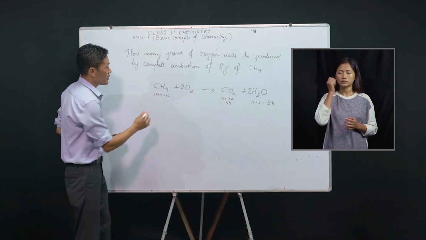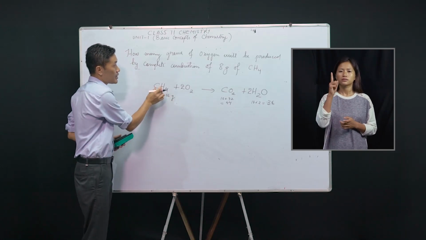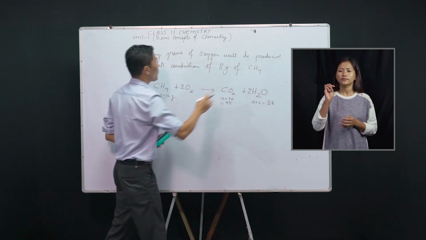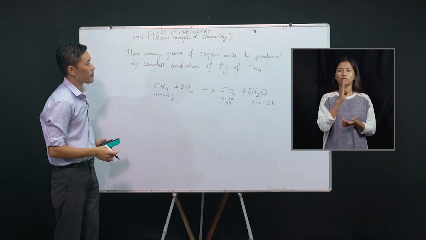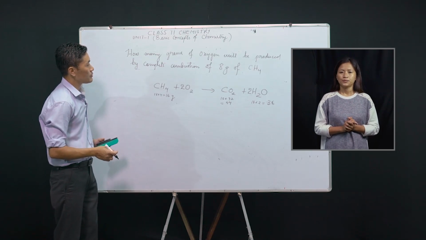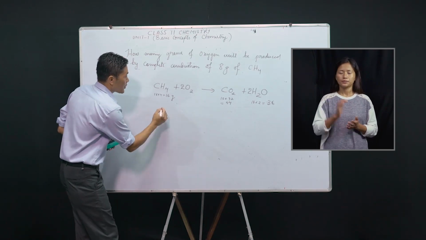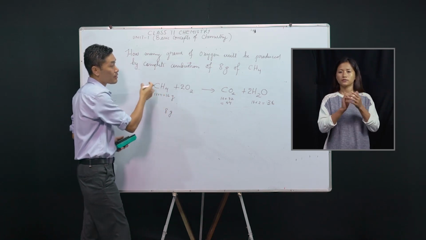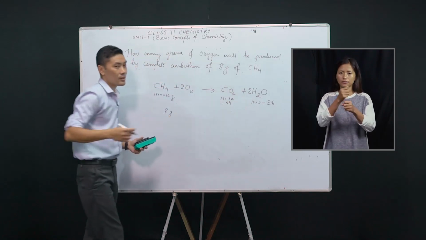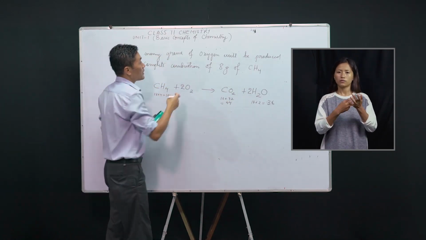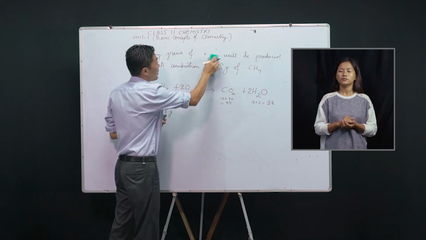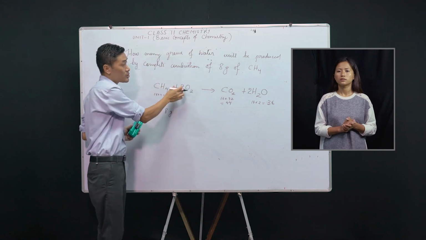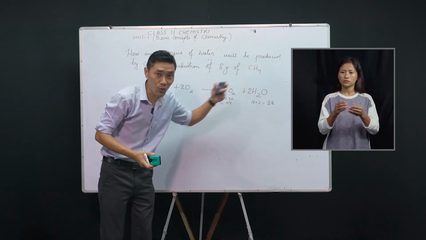From here we understand that 16 gram of methane will give us 36 gram of water. So if we have 8 gram of methane, how many grams of water will be formed? Let us make a change here. This should be grams of water, because methane on combustion will give us carbon dioxide and water, not oxygen.